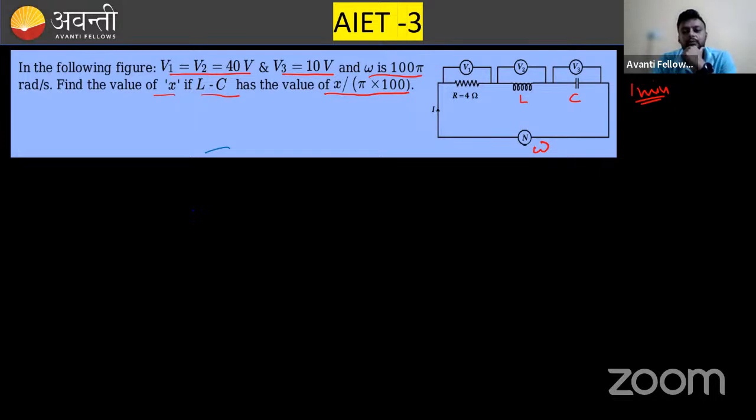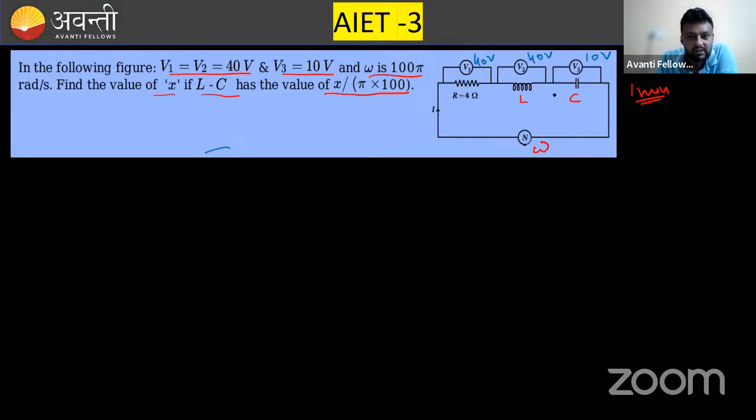Okay. I hope you have completed the question, or at least read it. Now look at me. V1 is equal to 40 volt, V2 is equal to 40 volt, and V3 is equal to 10 volt. These are the values given. Now these three components are connected in series.